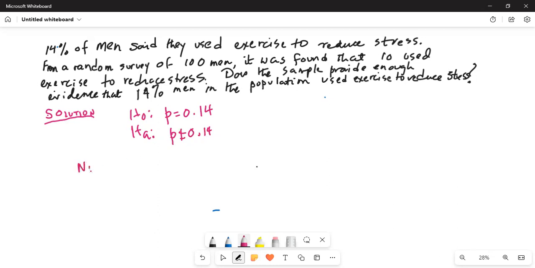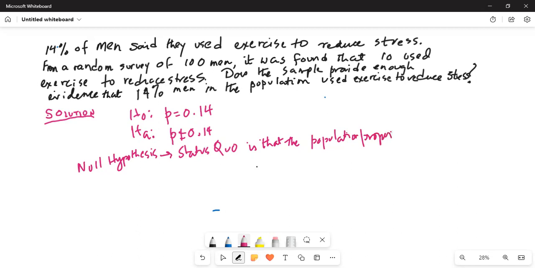That means the null hypothesis, which is the status quo, is that the population proportion is 0.14.